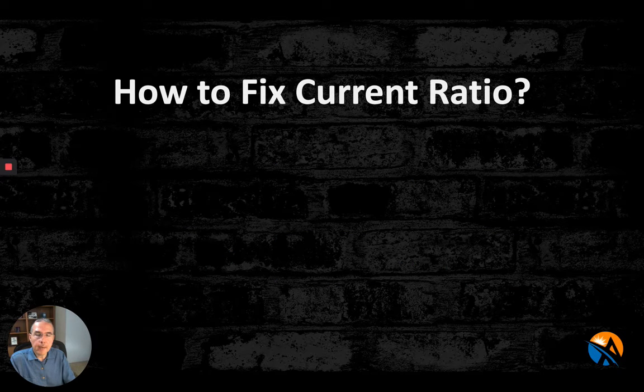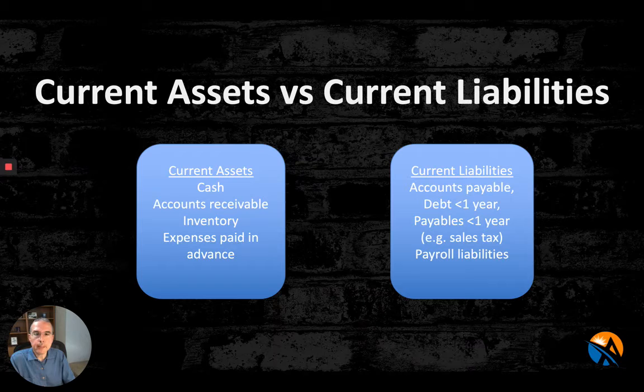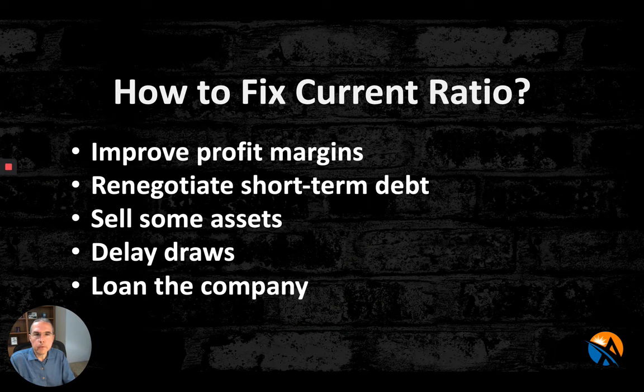But what happens when the current ratio, in our example, is below 1.5? What are some of the things that we can do to help improve that current ratio and strengthen our balance sheet? Remember, we talked about what our current assets and current liabilities are. So really, we're going to look to each of these areas to think about what we can do to improve that current ratio. You could improve your profit margins, and that would generate more cash.